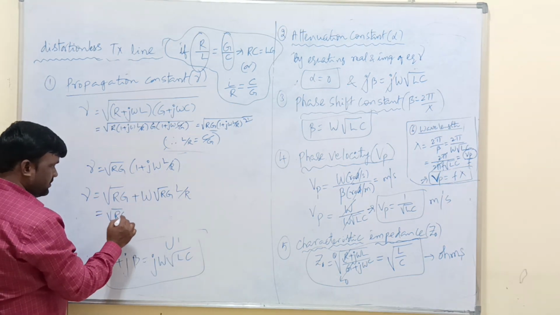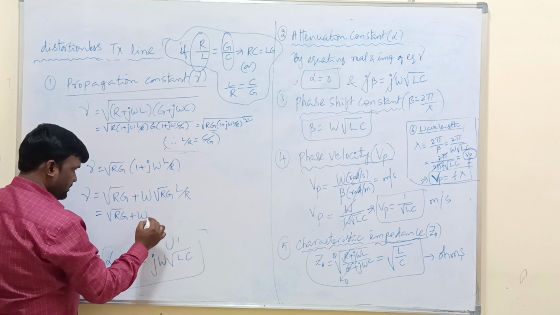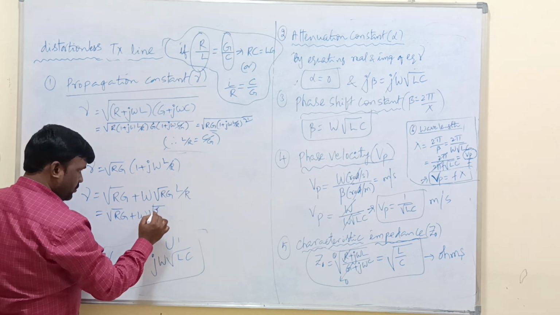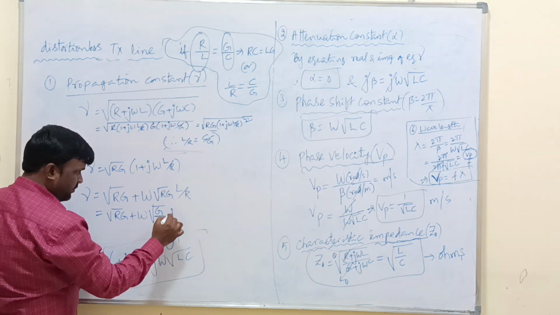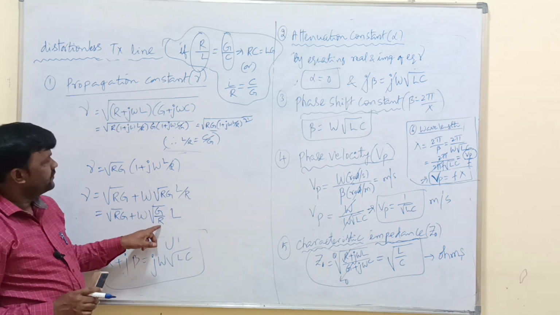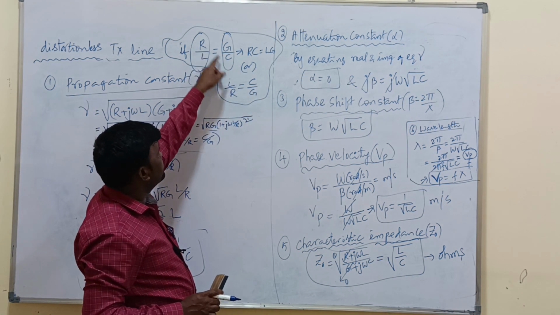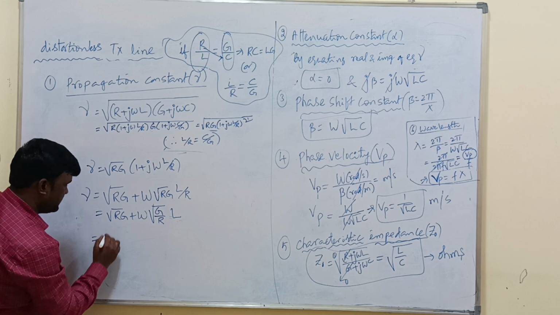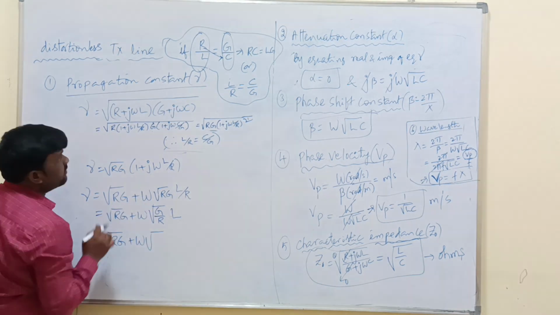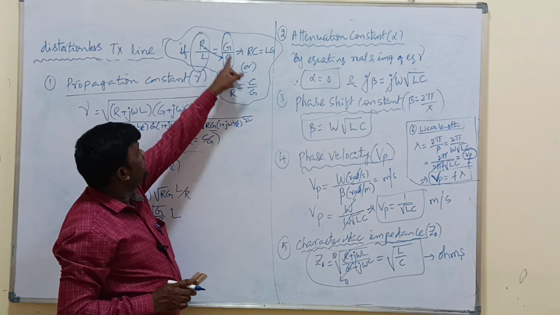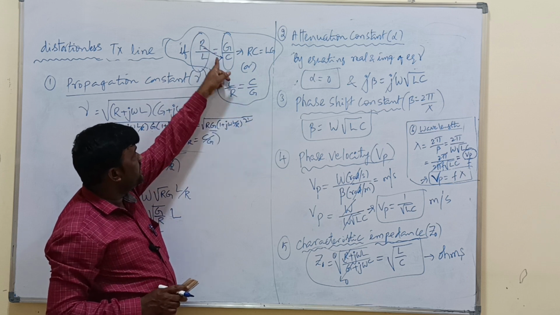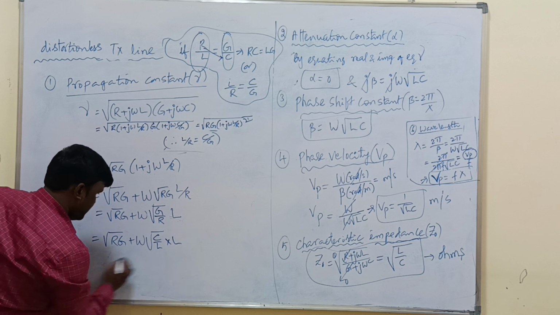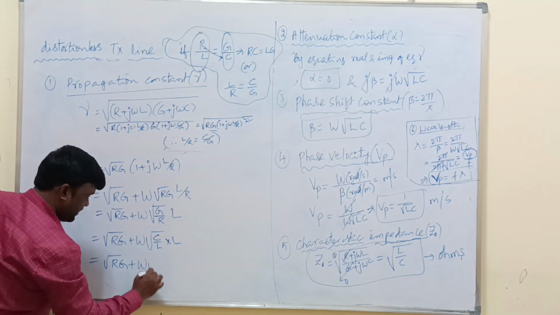That is omega root G. We can write root R by R as root G by R, into L. G by R we can write like this also: G by R is nothing but C by L. So this is equivalent to root RG plus omega root G by R into L. G by R is equal to C by L, so root of C by L into L.